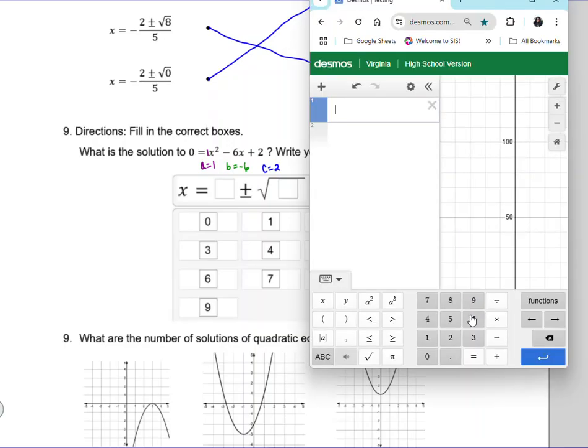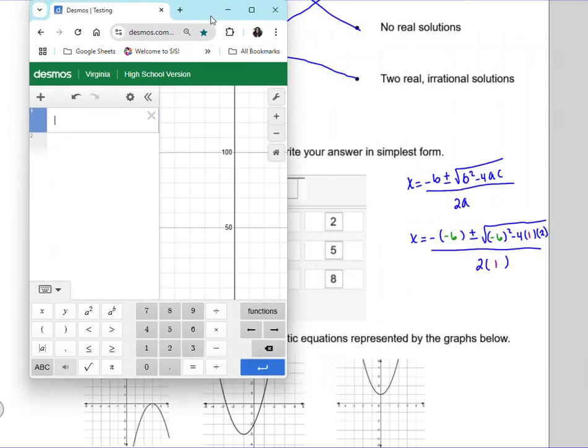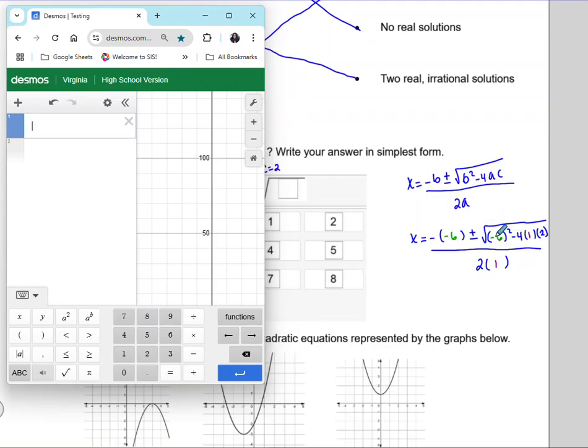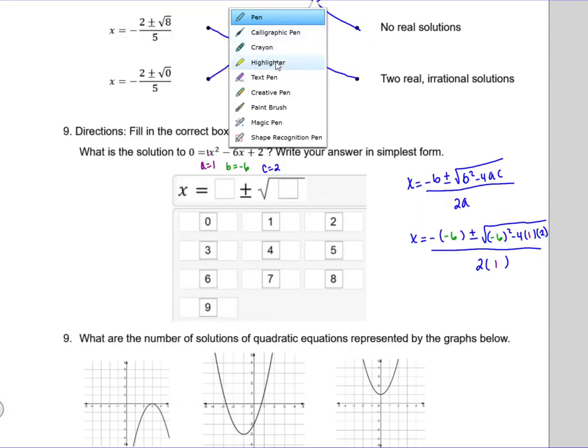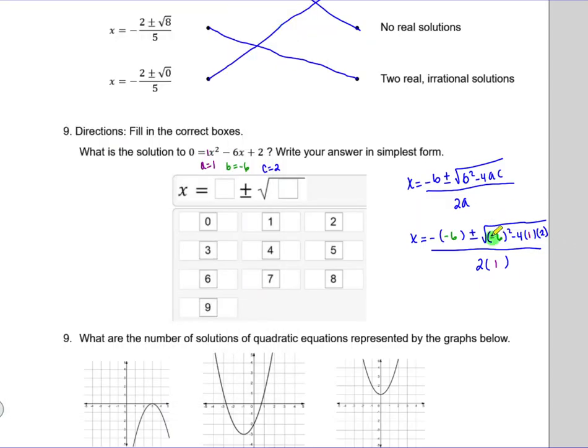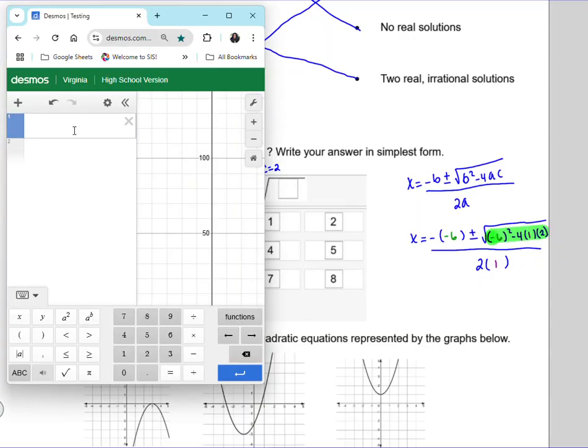Now we cannot just put everything in Desmos, so usually when you're doing this, you want to put just the part that's underneath the radical, this part, in Desmos first, without the radical. So you have -b, -6 squared, minus 4 times a times c, square root of 28, okay?